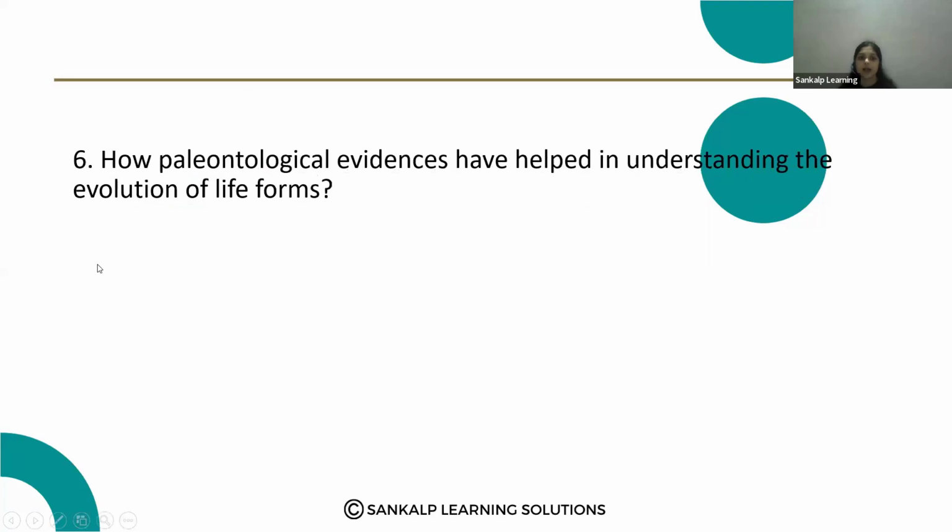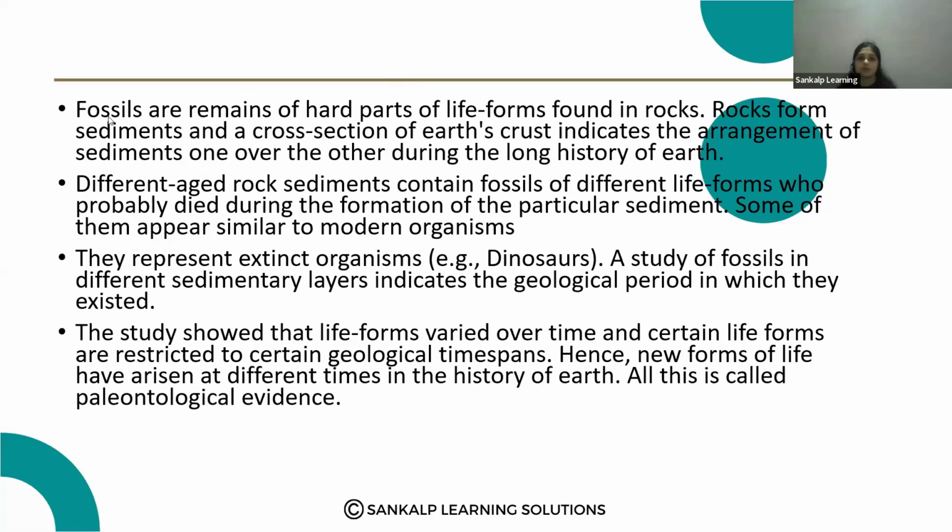Next question. How have paleontological evidences helped in understanding the evolution of life forms? Fossils are remains of the hard parts of life forms found in rocks, and rocks form sediments, and the cross section of the earth's crust indicates the arrangement of the sediments one over the other during the long history of earth.